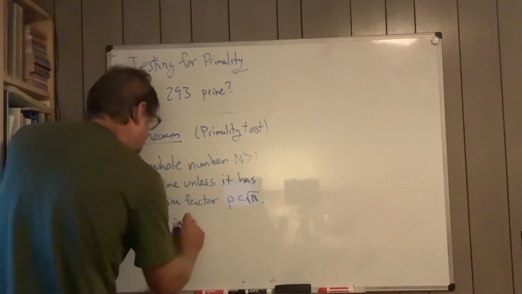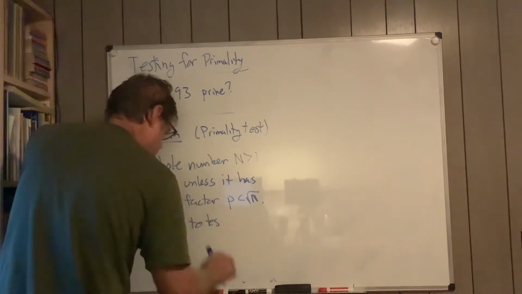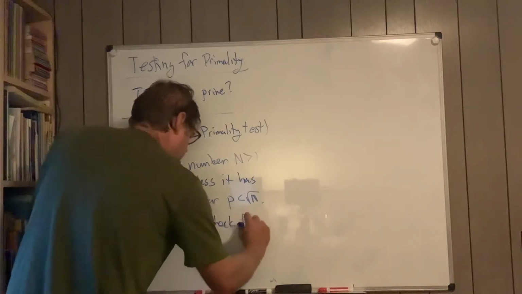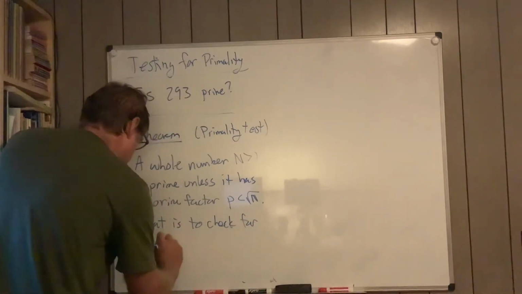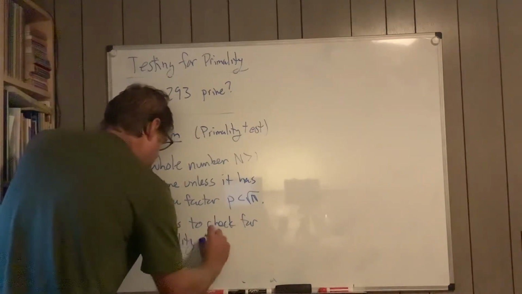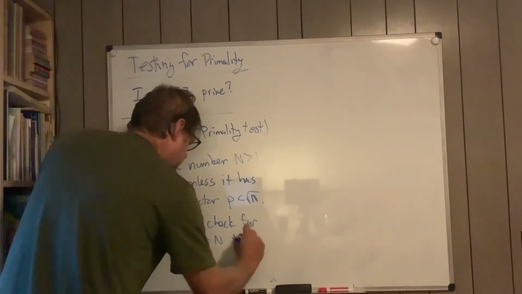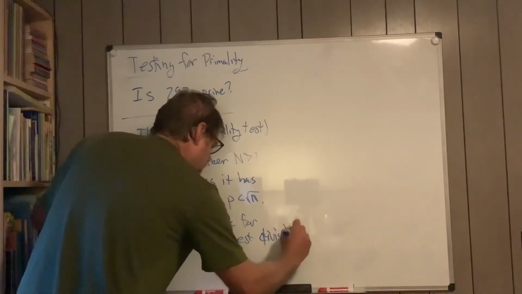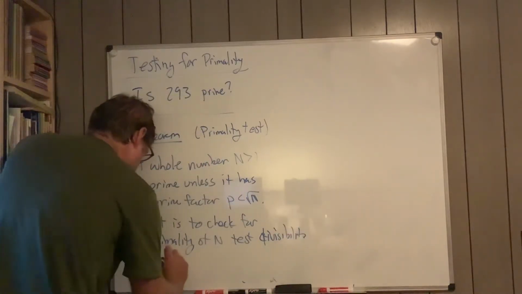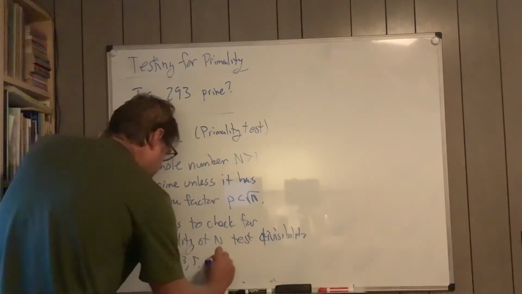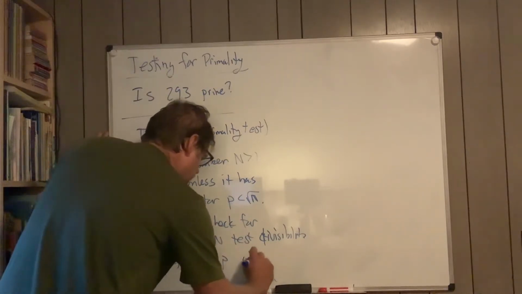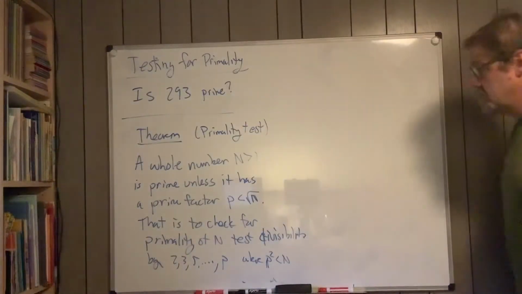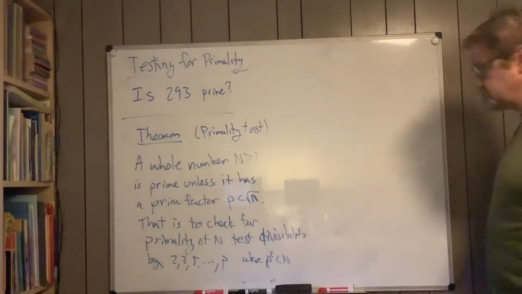That is, to check for primality of n, test divisibility by 2, 3, 5, up to p, where p squared is less than n. Okay, so we got that.